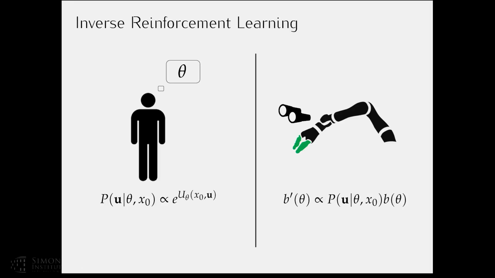Or more generally, you can think of the robot taking these demonstrations as evidence about the underlying theta, and running a Bayesian belief update on this space of parameters. So that's inverse reinforcement learning in a nutshell. It's been very successful because it can represent behavior in a very compact way in the form of a reward function underlying that behavior. That's pretty cool, and we've been using it a lot in our driving work.